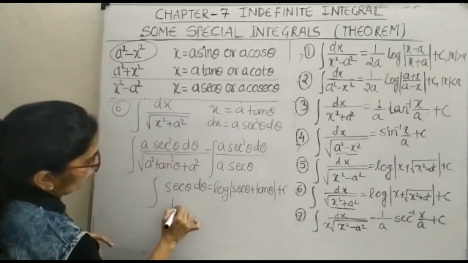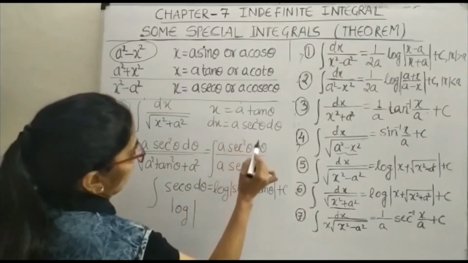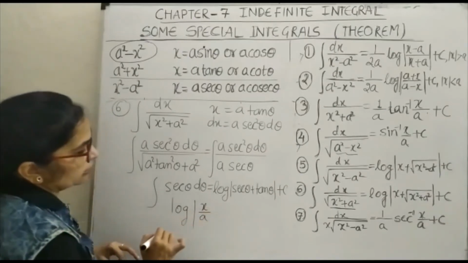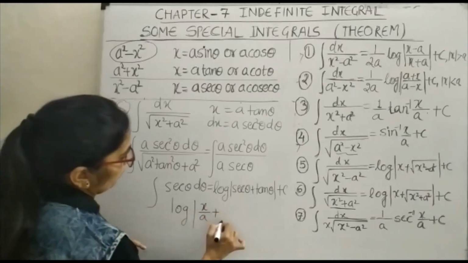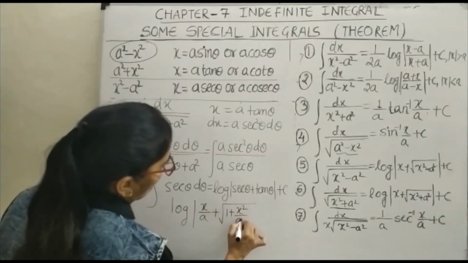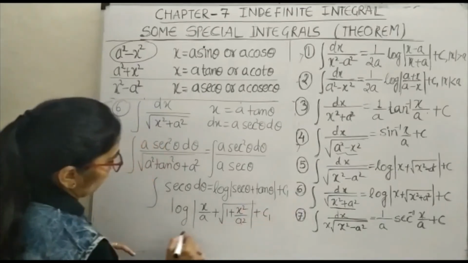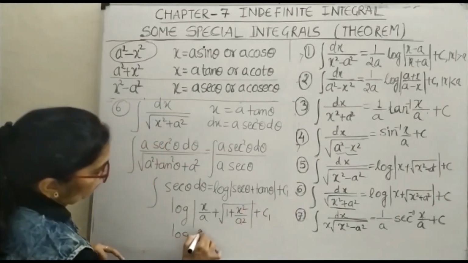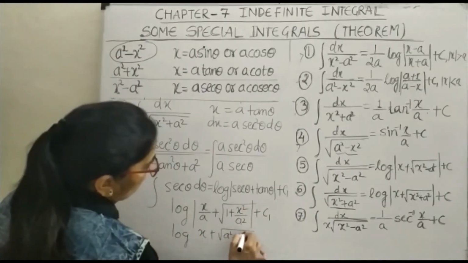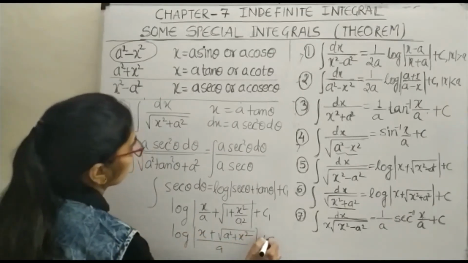Now keep the value here once again, log, you know what is sec theta? Tan theta की value रखेंगे x upon a, right? And this will be under root 1 plus x square upon a square, यहाँ पे c1 कर लीजिए, plus c1. So this is here log x plus under root a square plus x square upon a plus c1.